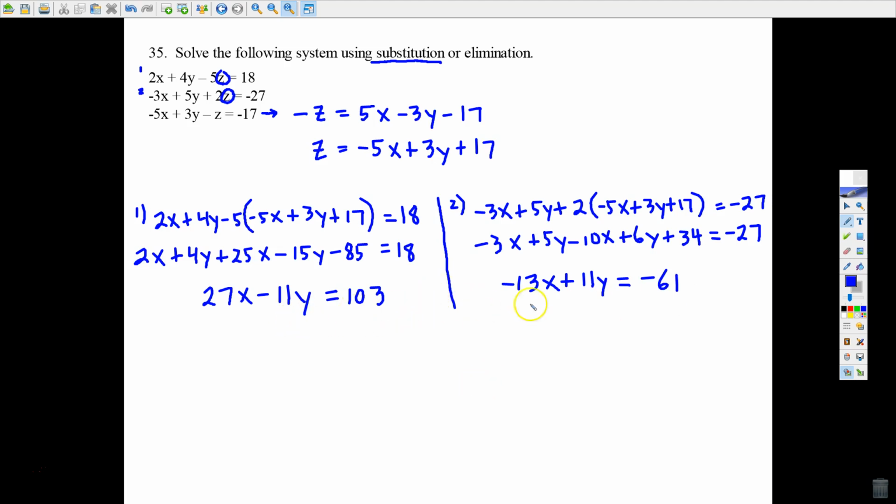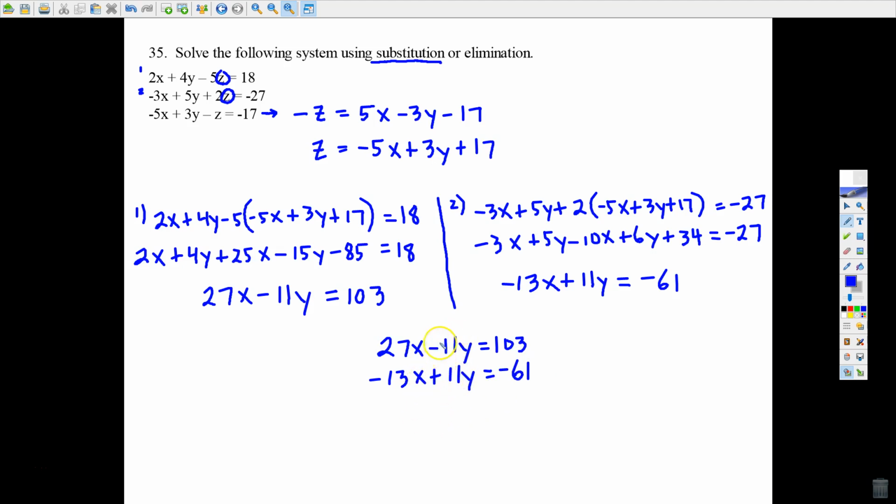Okay, so these two equations that remain, you can see they're both in terms of x and y. They go together as a system. And this works out really well because at this point we are back to elimination.